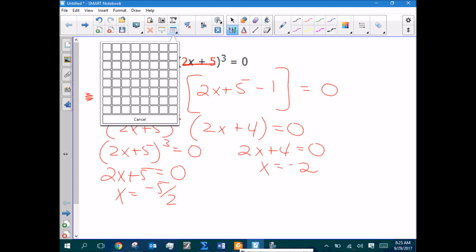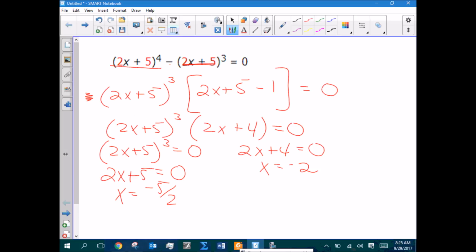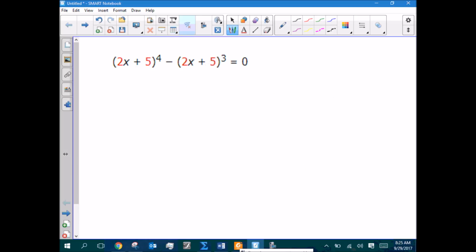Can we go back through and say that u is equal to 2x+5? Would that then give me u^4 minus u^3? Does that make sense?